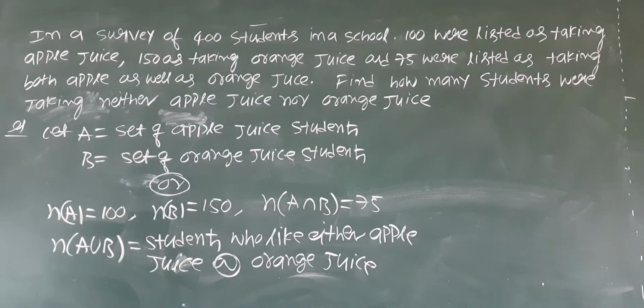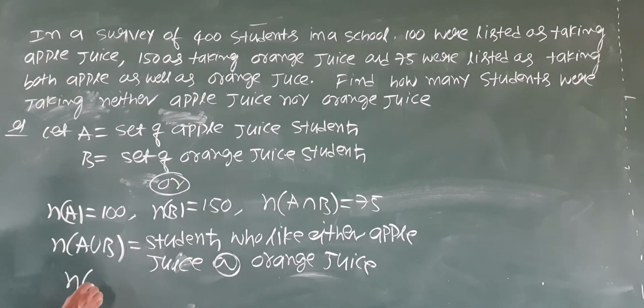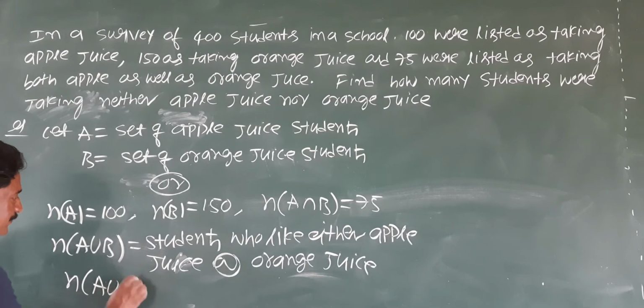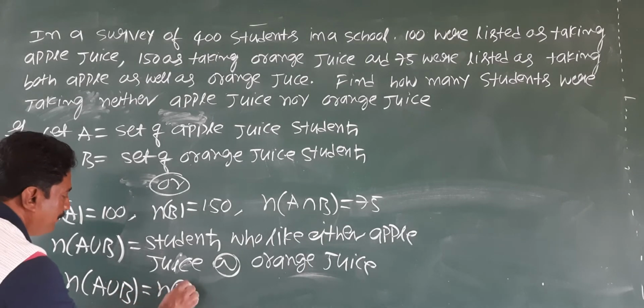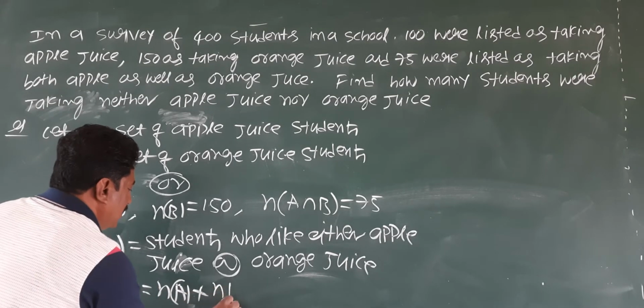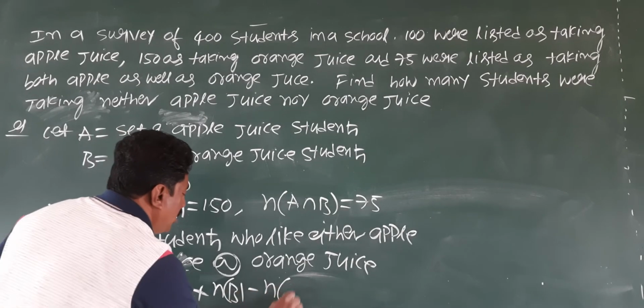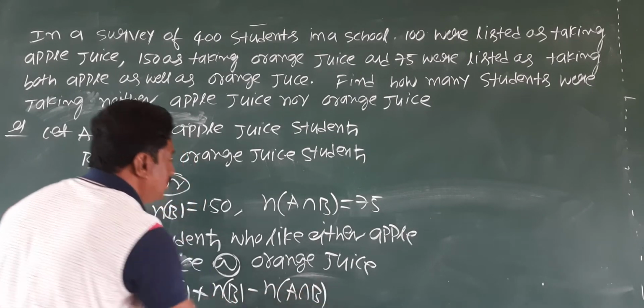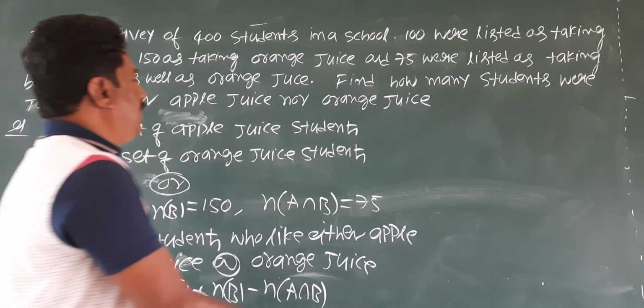Let us use that formula: n(A union B) = n(A) + n(B) minus n(A intersection B). Substitute and calculate.